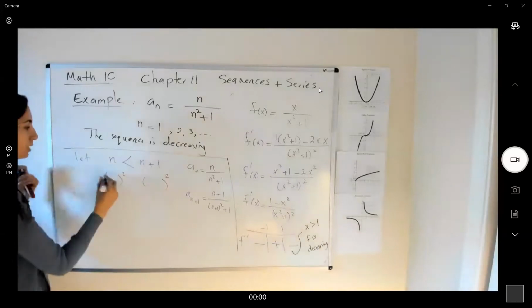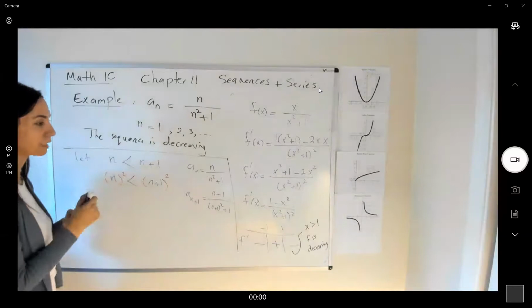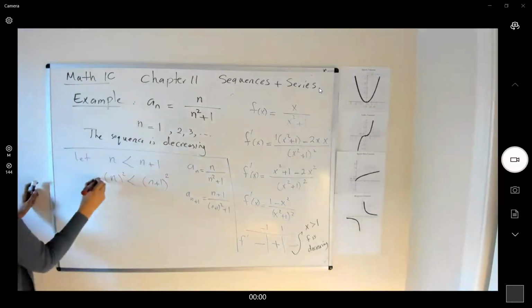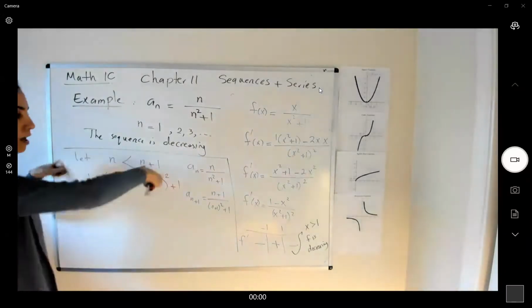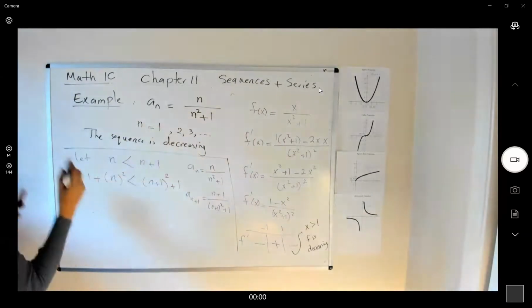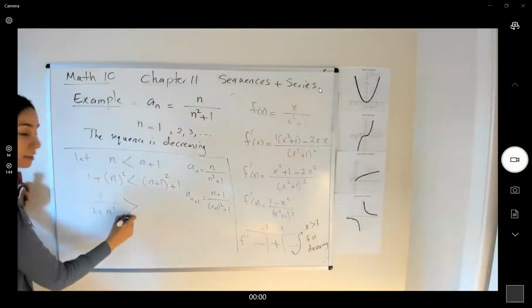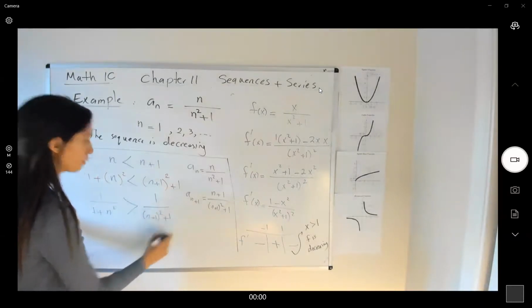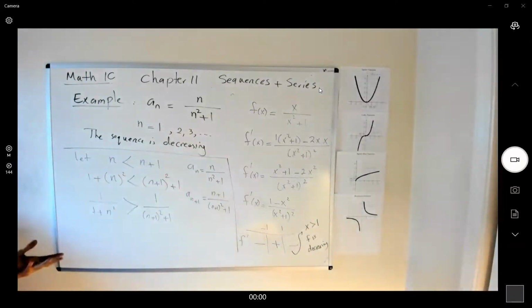So I have n squared less than (n plus 1) squared. Next step, I'm going to add 1 to both sides. Then I'm going to flip these two. I have 1 divided by 1 plus n squared, which is now greater than 1 over (n plus 1) squared plus 1.